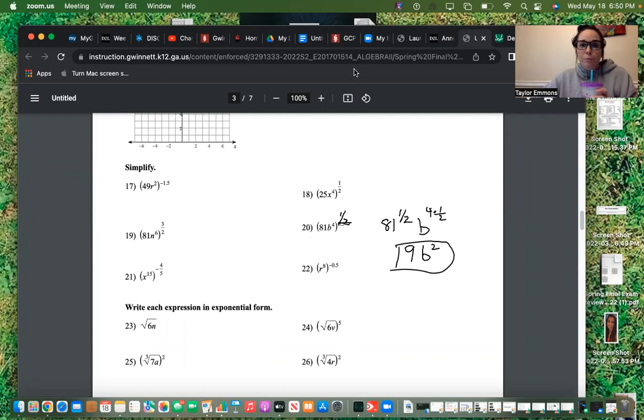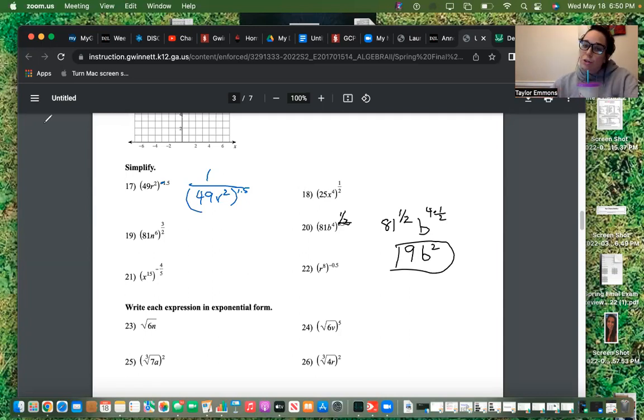On 17, you're going to do something similar. Remember, when we have that negative exponent, we're going to flip that guy. And this 1.5, we're going to change to 3/2 because that's what it is in fraction form.